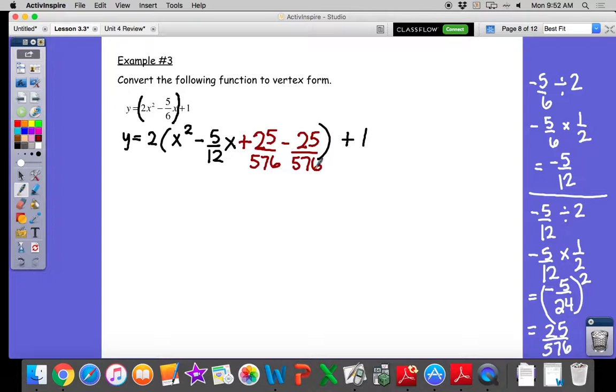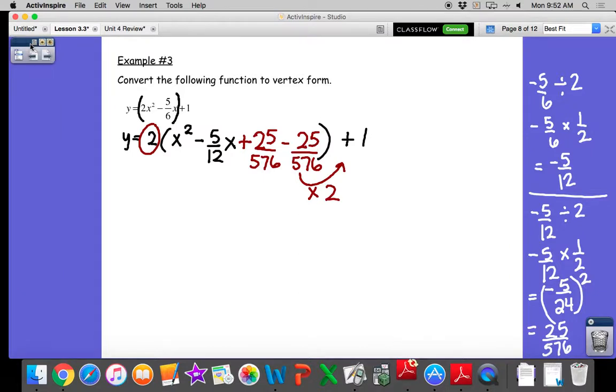Our next step is we always try to remove that negative value. But in order to do that, I have to multiply by the number in front. So I'm going to have to multiply that number by 2. At the side, I'm going to take negative 25 over 576 and multiply that number by 2 over 1. 2 over 1 is still the same as 2. I just like to make sure that there's a denominator, so the tops multiply separately from the denominators.